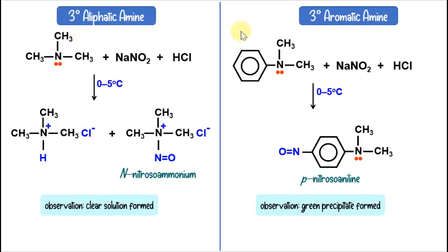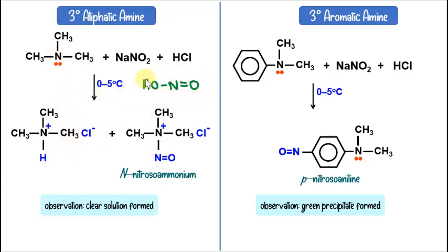Tertiary aliphatic amine and tertiary aromatic amine can be differentiated by using nitrous acid. Okay, so for the tertiary aliphatic amines, same as before, we draw HONO, HO and double bond O. Since there is no hydrogen attached to the nitrogen, we cannot remove water here.